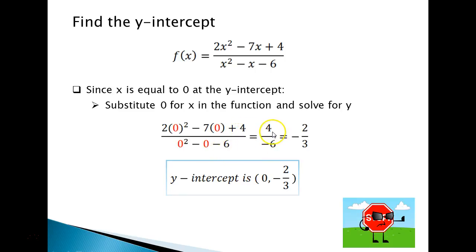And what was left was 4 over negative 6, which reduces to negative 2 over 3. And so our y-intercept is negative 2 over 3. Now don't forget to write that as a coordinate pair where x is 0 and y is equal to negative 2 over 3.